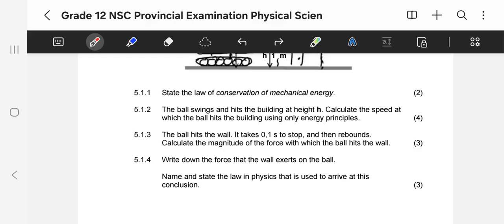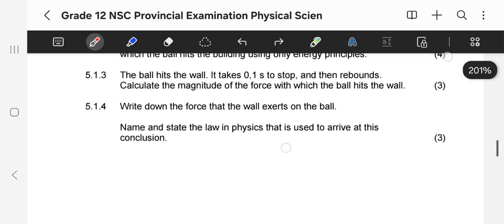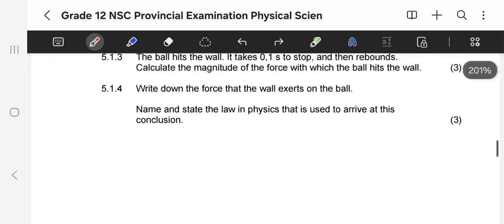But based on the fact that they asked us to state the law of conservation of mechanical energy, the formula that I'm going to prefer to use is the law of conservation of mechanical energy. But you can use other useful formulas from the work, energy and power topic. However, in this case, this is the one that I'm going to use.